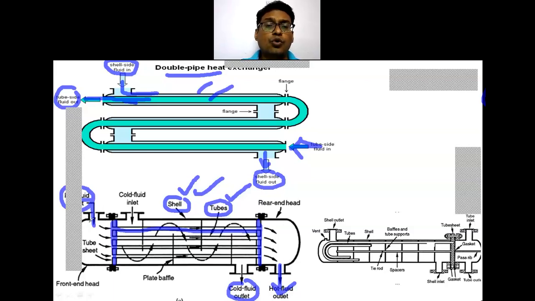And to close this, there is the front head end or the channel cover or the tube side shell cover, or it is also called the rear end head or the end cap.